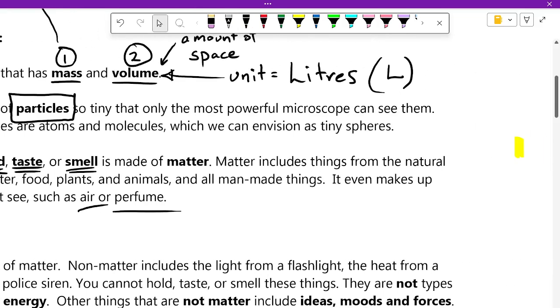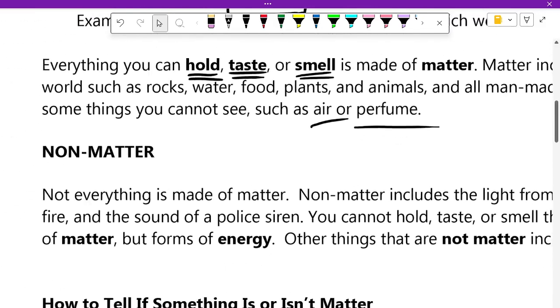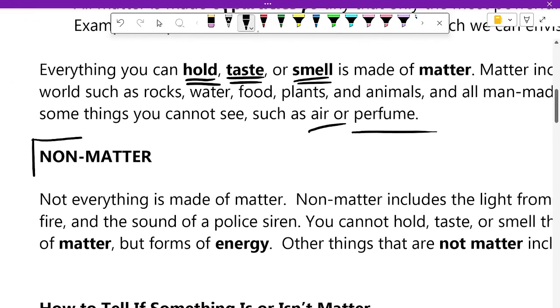How about heat? If you turn on your stove and you feel the heat, is that matter? No. Can you hold the heat? No. Does it have a particular volume? No. So heat is another form of energy. Non-matter is very often energy. Not always, but very often.